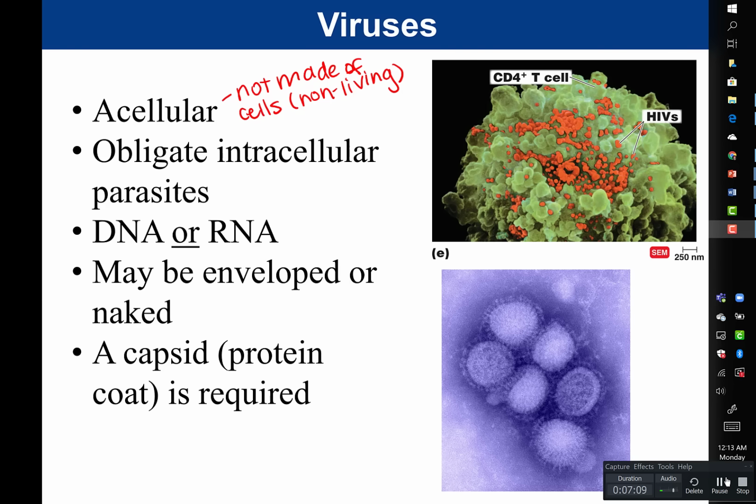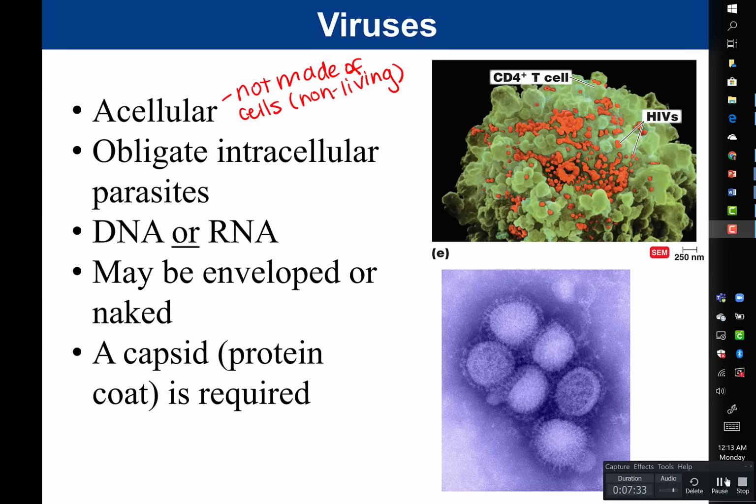So like the coronavirus right now, that virus has to infect only particular types of cells, only cells that have the appropriate receptor, like the cells in the respiratory tract, for example. And so viruses have to be able to get in and infect a host cell in order for it to reproduce. This is why it's non-living.